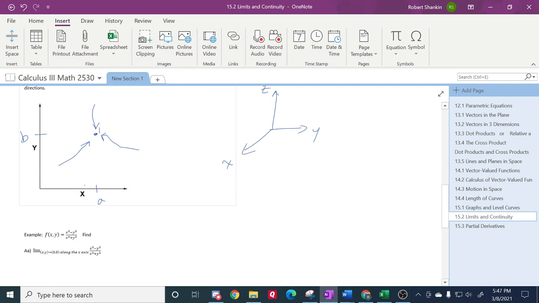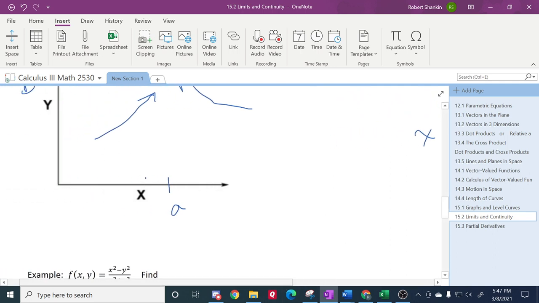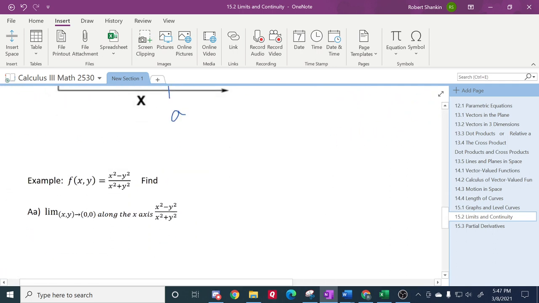Let's look at what happens in this case right here. f(x,y) is this funny looking function. Let's find the limit as (x,y) approaches (0,0).